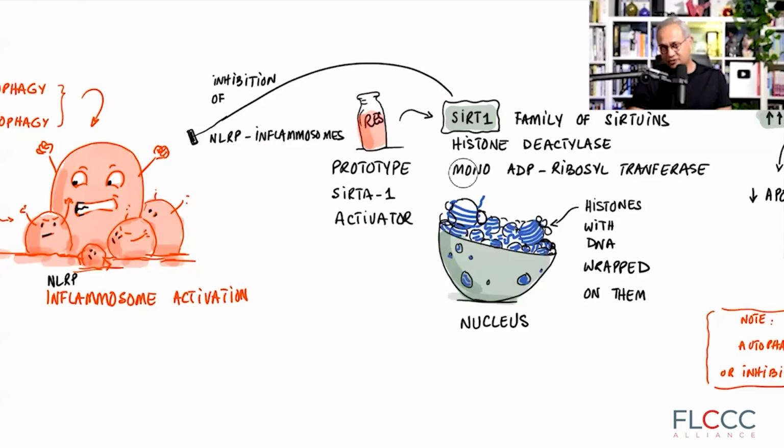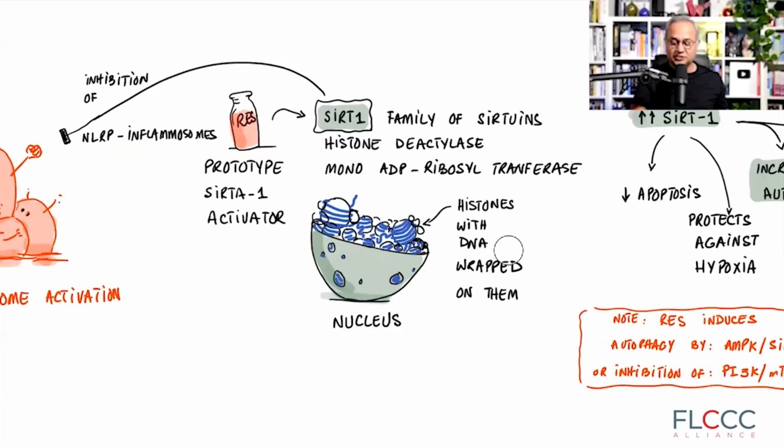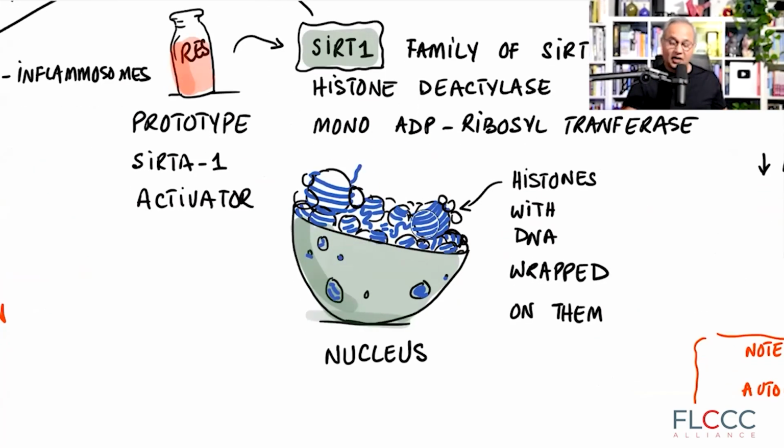Now, resveratrol does something very interesting. Here is that mechanism, and this is the last part of the discussion. Inside a nucleus. So now within the cell, we have gone into the nucleus. Inside the nucleus, our DNA is wrapped around tiny little balls or proteins. These tiny little proteins are called histones. Why do we keep the DNA wrapped around them?